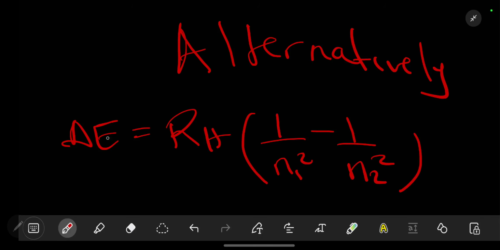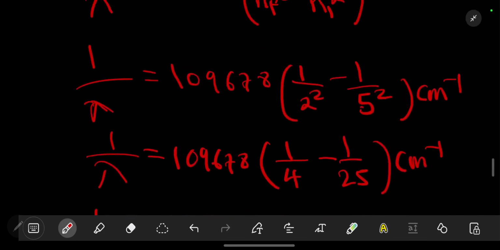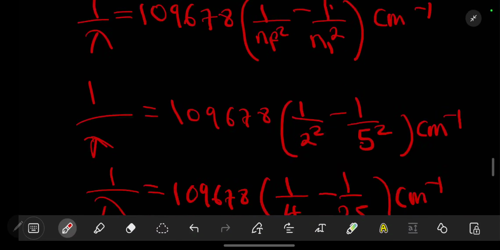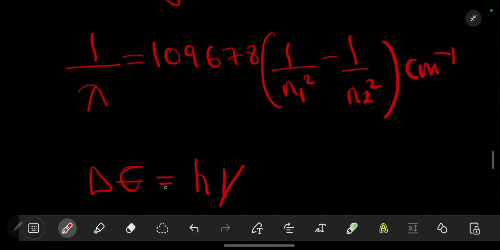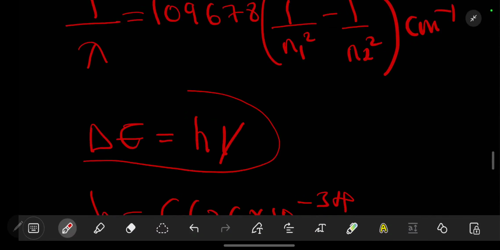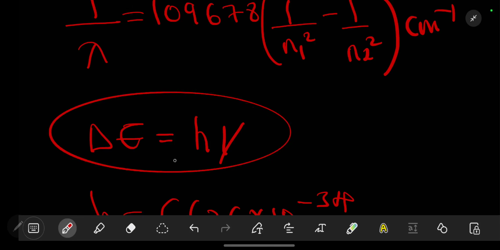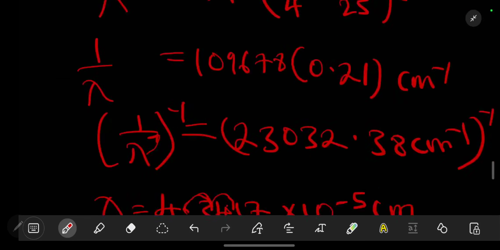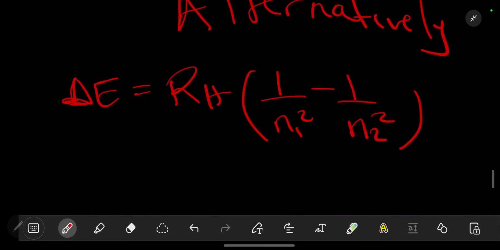This is the formula for energy. Using this formula, you can find the energy. Then using another formula for energy, you can find the wavelength. So let's do this one as well.